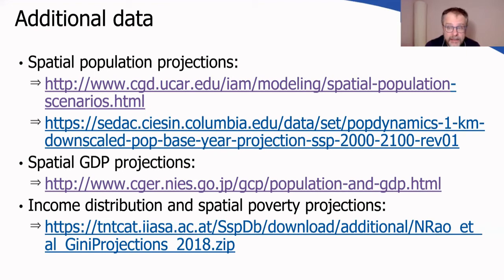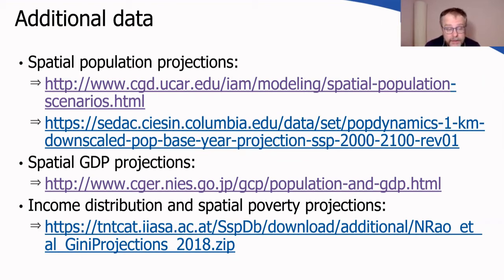At NCAR and at CIESIN, there are databases of spatial population projections at different spatial scales, the most granular one at the 1 kilometer scale. And then the colleagues in Japan from NIES have developed spatial GDP projections, which are available to work with and download as well.